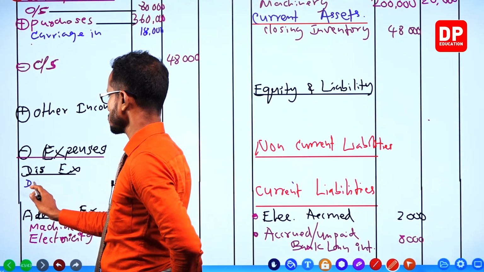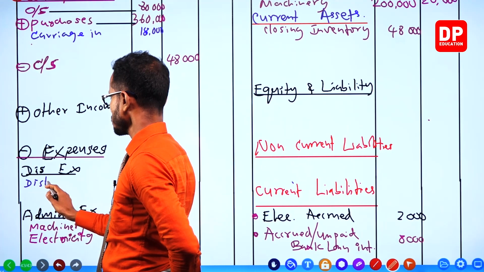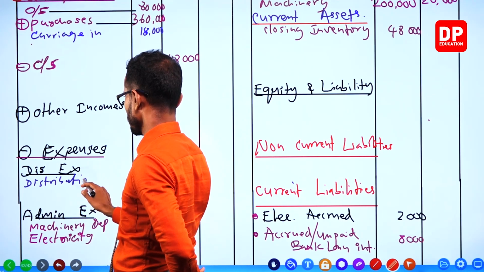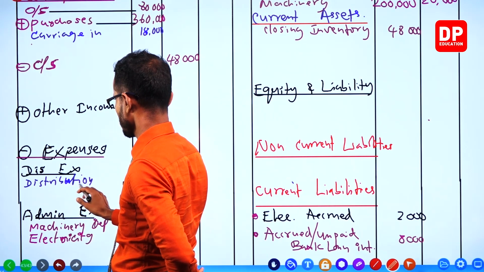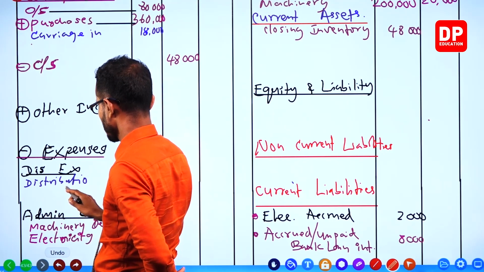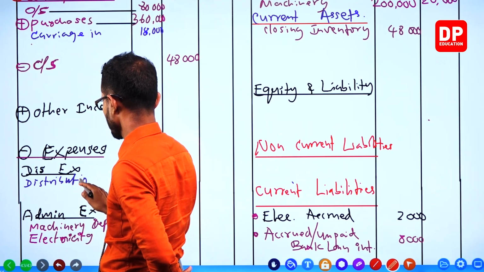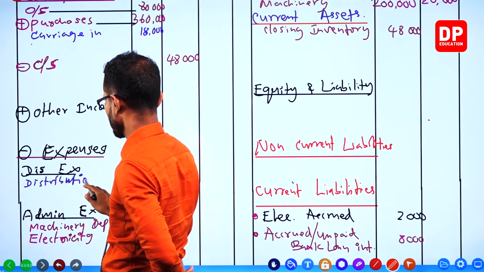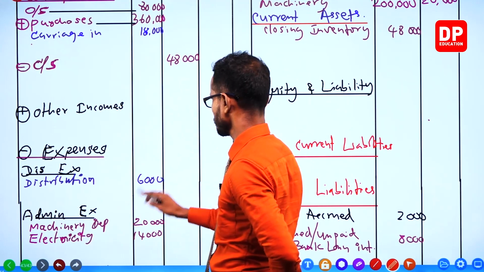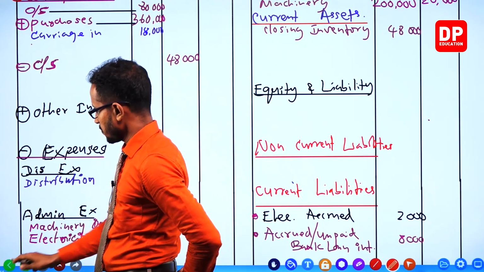Under distribution expenses, you put distribution, 6,000. That's how you do it.